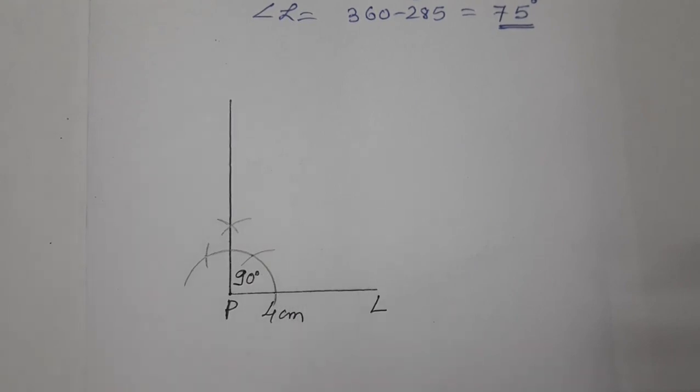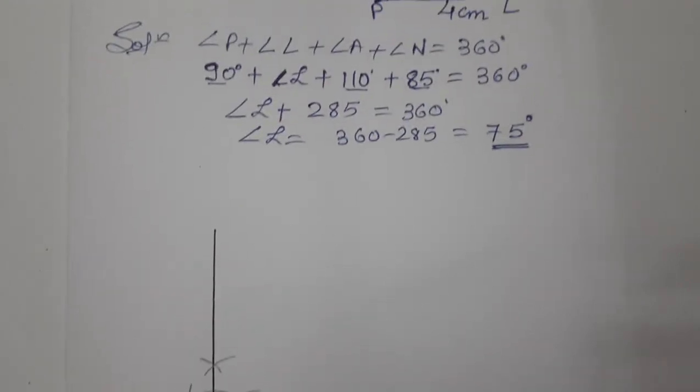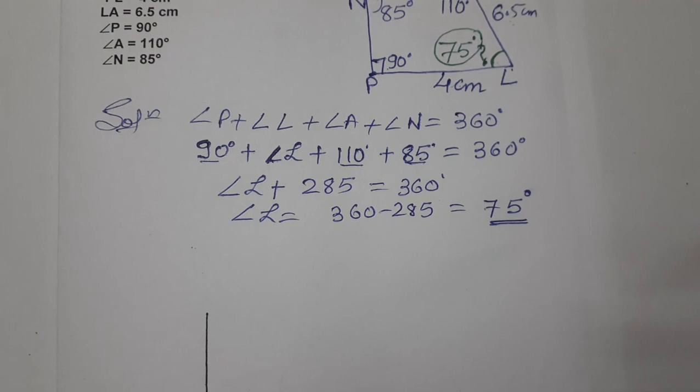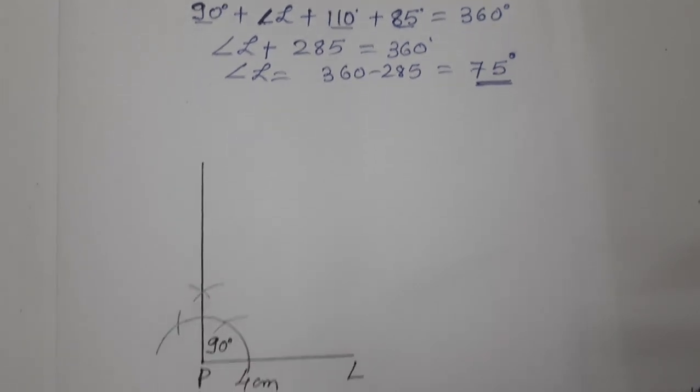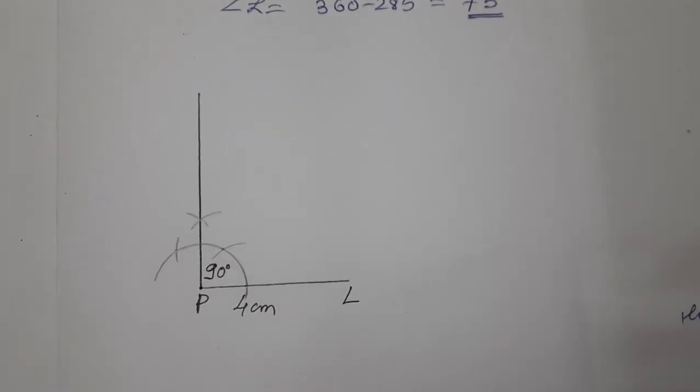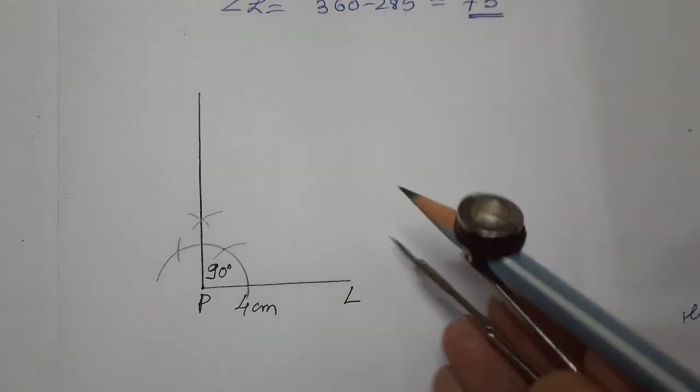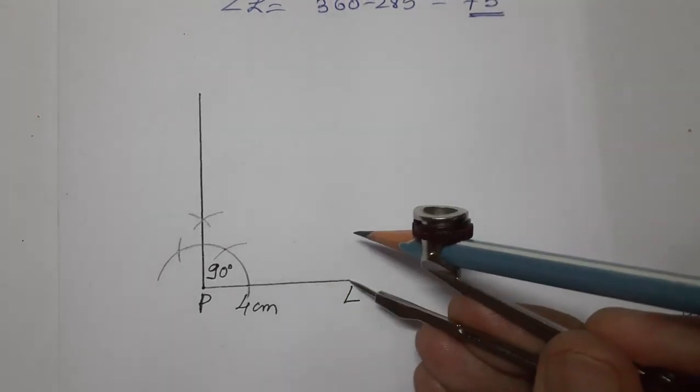Now angle L, see our rough diagram. Keep looking at the rough diagram and draw. Angle L is 75, and we know children that we can draw with ruler and compass all angles which are multiples of 15. So 75 is also a multiple of 15, 15 times 5 is 75. So now we are going to draw 75 with the help of compass. Again take a convenient arc radius.